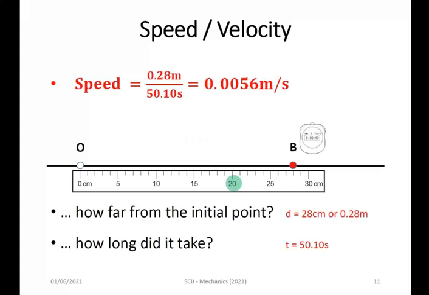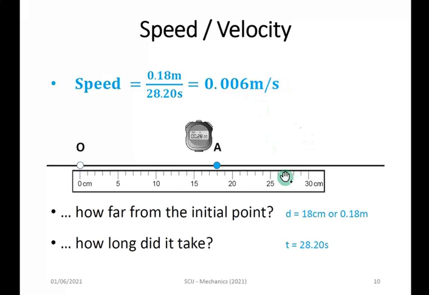We can do the same thing for the particle at point B. It traveled a longer distance of 28 centimeters or 0.28 meters, and the time it took was 50.10 seconds. You simply go ahead and calculate the speed, which is 0.056 meters per second. You see, even though particle B traveled further, it was slower than particle A, which was a little bit greater than 0.06 meters per second.